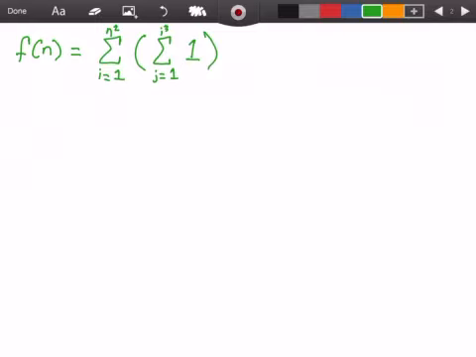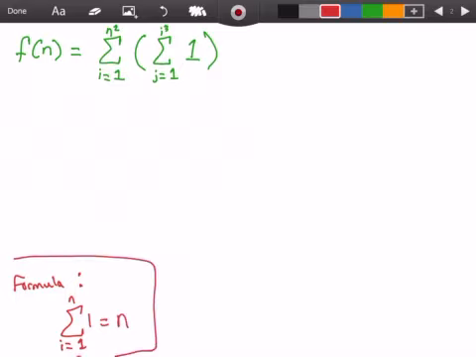Now we just need to solve both of these summations, and we can use a nice formula here. I'll write it down below. The formula says that if we have a summation that runs from i equals 1 to n of 1, then we get just n. We're going to use this formula to solve our inner summation.